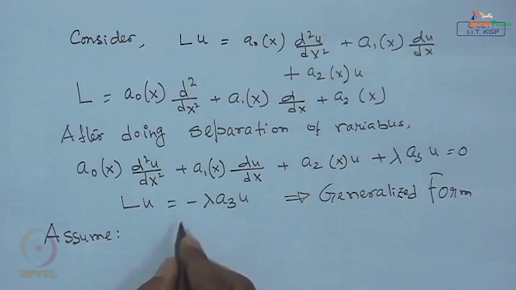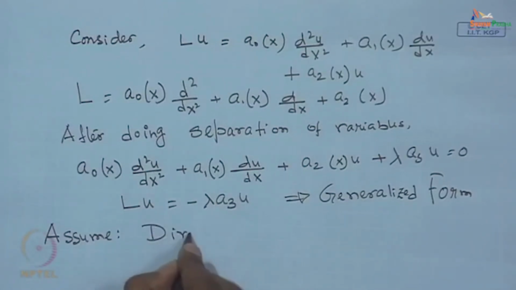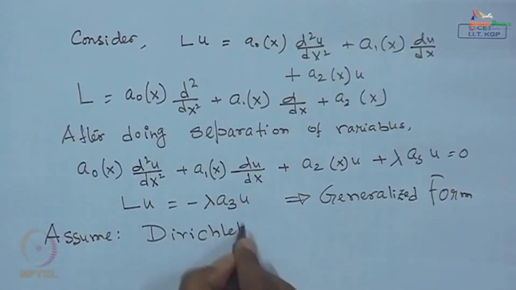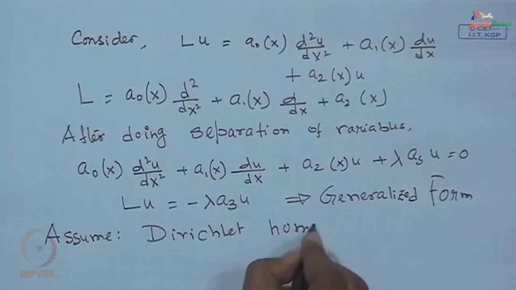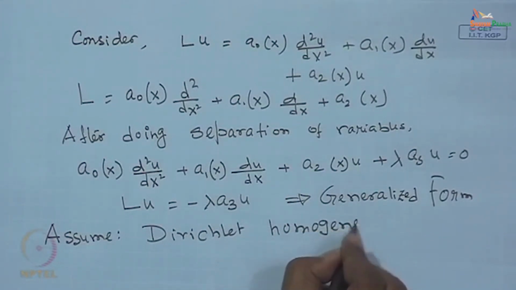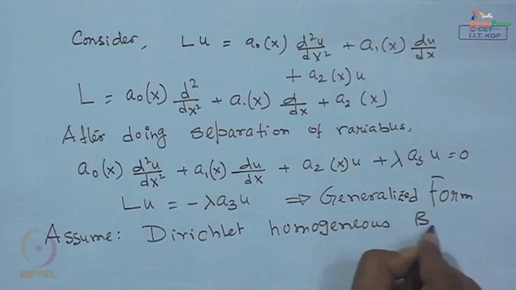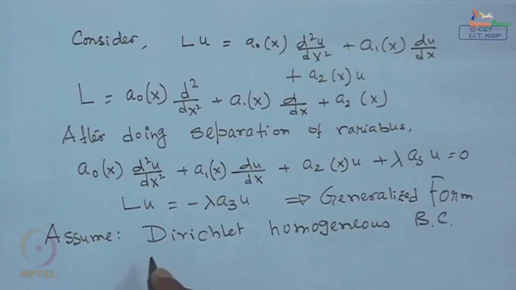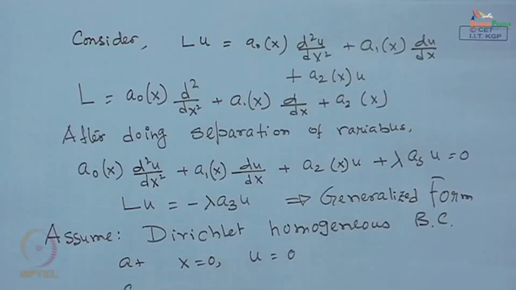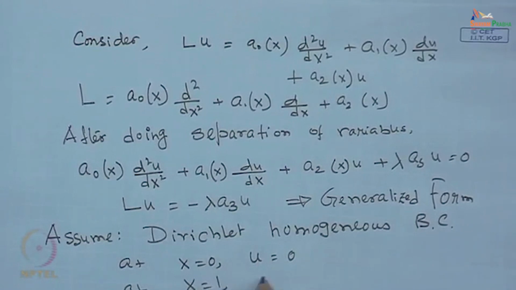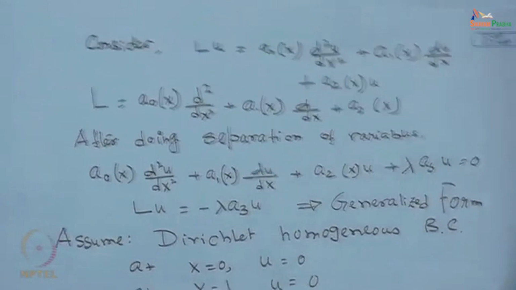Let us consider that we use a homogeneous Dirichlet boundary condition. And these are at x is equal to 0, u is equal to 0, and at x is equal to 1, u is equal to 0. So, let us proceed with this.